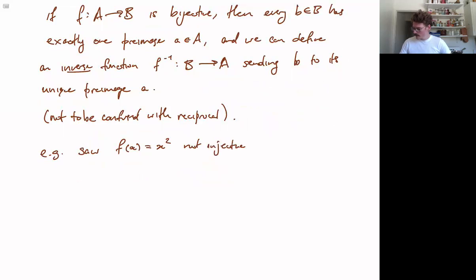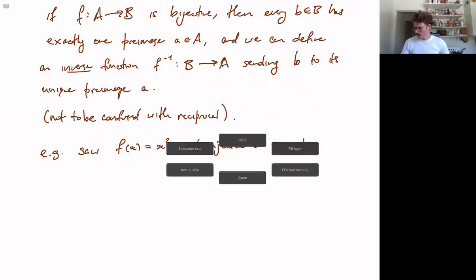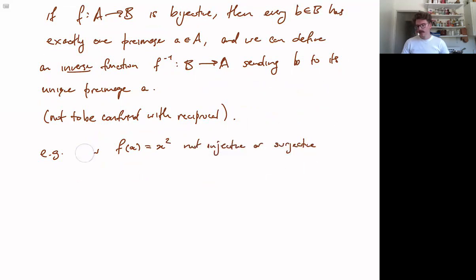Did we see this? Maybe this was just my example for increasing. So let me just say that we didn't see this, but you know what? It's true. This function is not injective or surjective if we're thinking about it as a function from the real numbers to the real numbers.